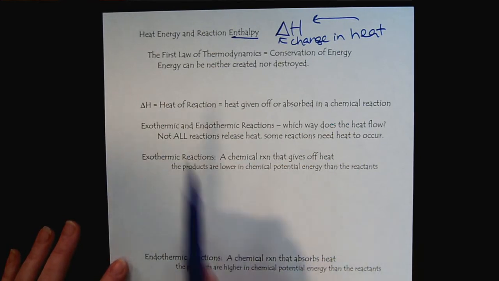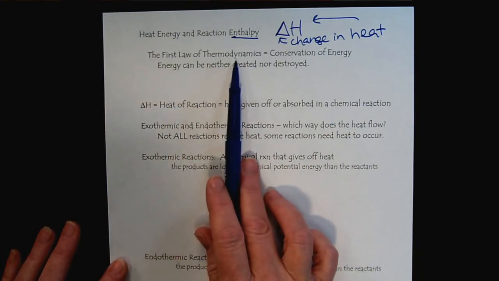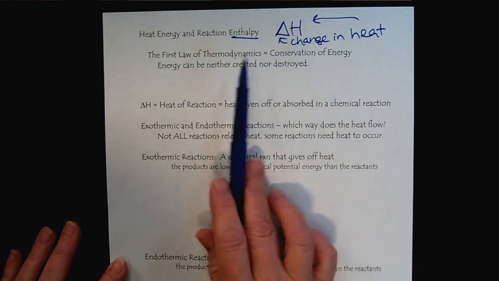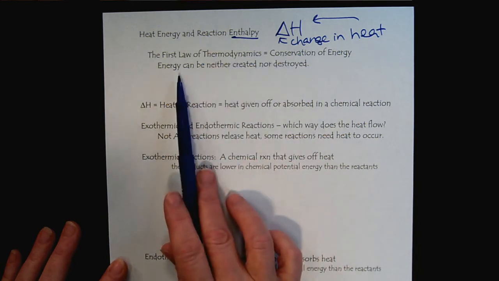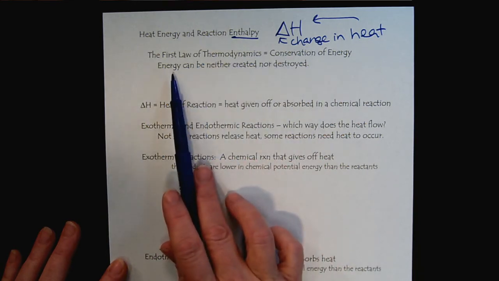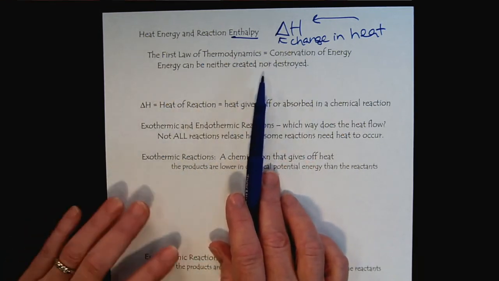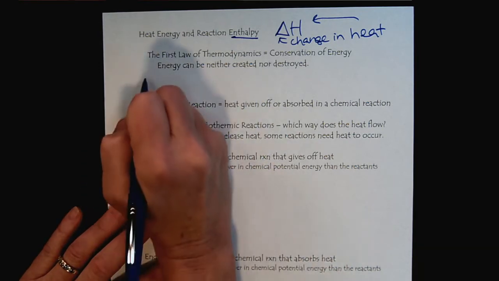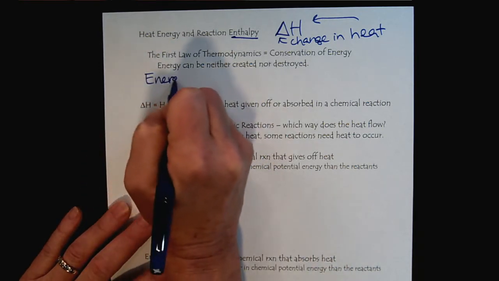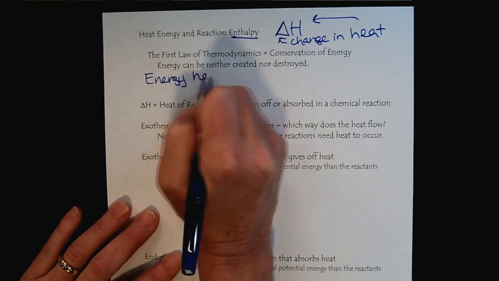Okay? So the first law of thermodynamics, conservation of energy, specifically heat, but it refers to all forms of energy, says that energy can neither be created nor destroyed. And so this is where we're going to connect the energy that is held in the chemical bonds.